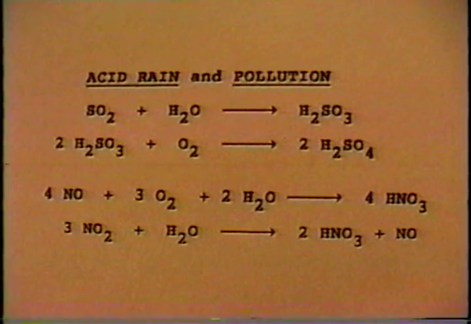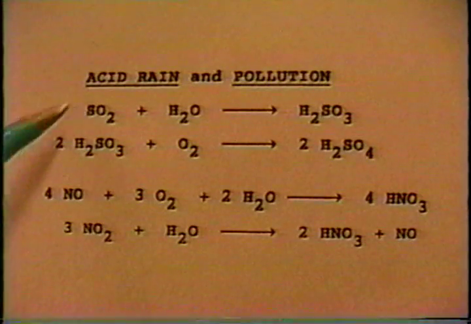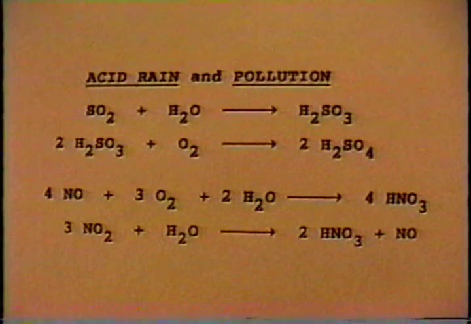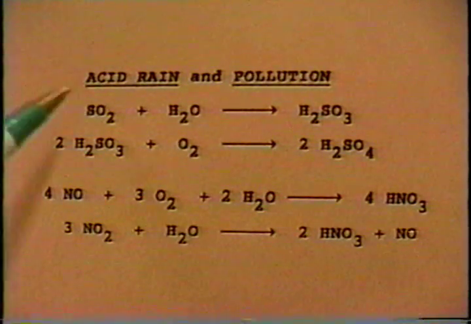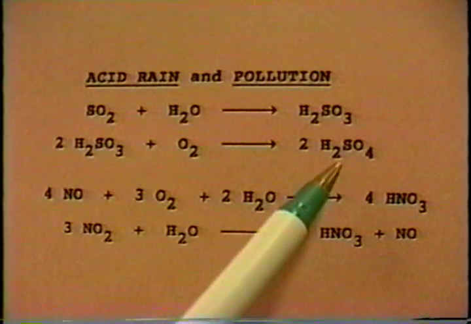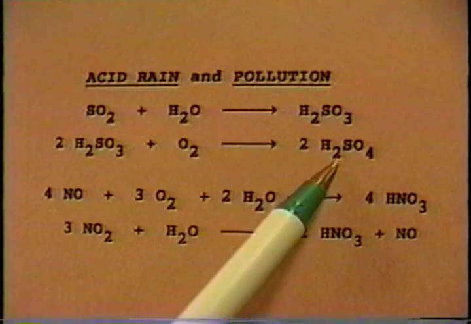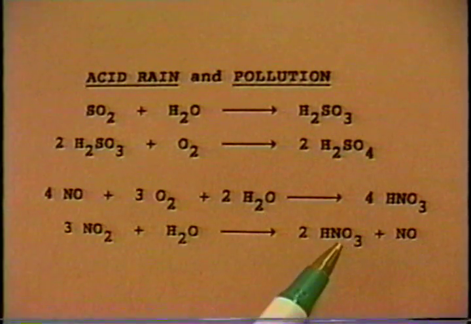The chemistry of acid rain and pollution is this. Both sulfur dioxide and these nitrogen oxides react with water in the atmosphere or in your lungs to form acids. Now, sulfur dioxide will eventually form sulfuric acid, which is a very strong acid, and the nitrogen oxides will form nitric acid.